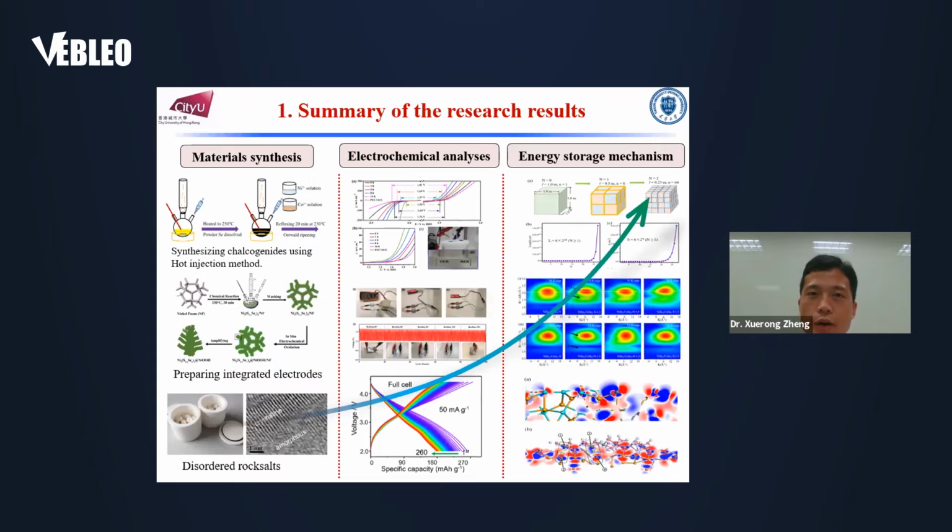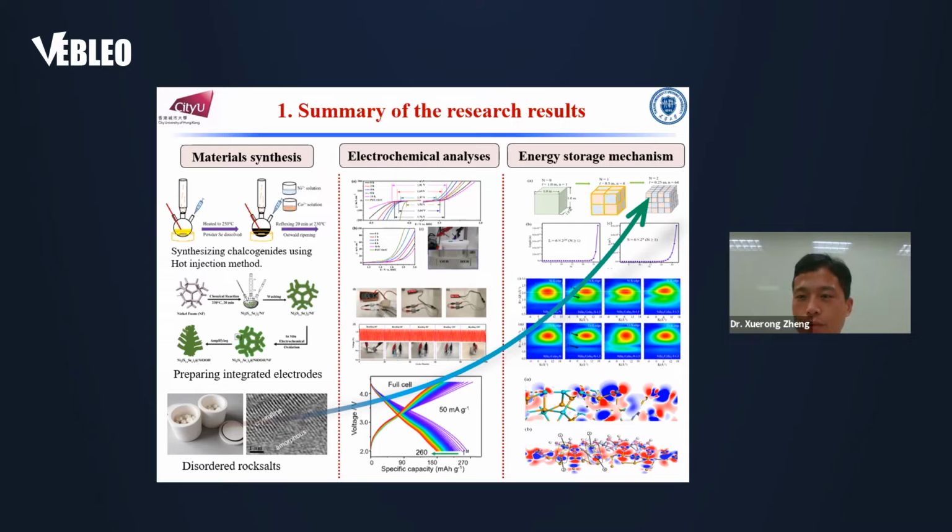In our work, we mainly focus on preparation of these materials, especially the transition metal oxides, sulfides, and selenides. And we use chemical processing and also the ball milling methods. And then we prepare the zinc batteries and the lithium batteries and investigate their battery performance.